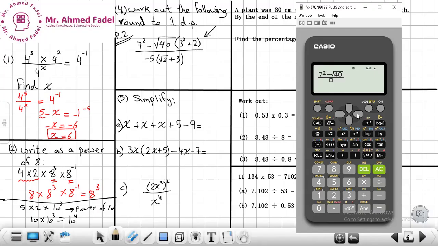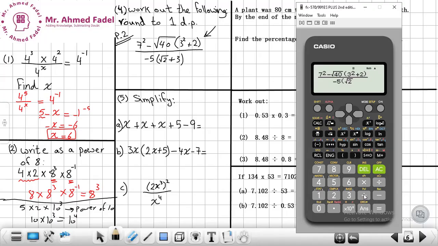Press the right arrow. Then open the brackets. 3 squared, here is the x squared, then plus 2. Close the brackets. Go down, minus 5, open the brackets, square root of 2.